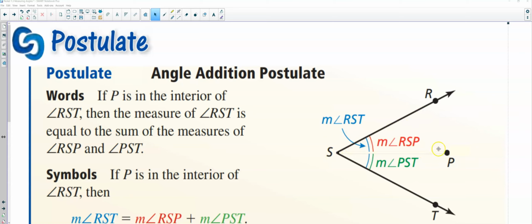In other words, if P is in the interior of angle RST, then the angle RSP plus angle PST would make up the measurement of angle RST. Pretty simple, okay? So that's something we need to use and we're going to be using throughout the year.